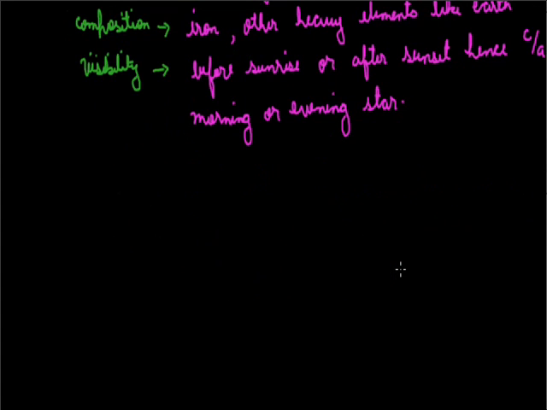And last point about it, it takes only 88 Earth days to complete its one revolution around the Sun. Now, our next planet is Venus.